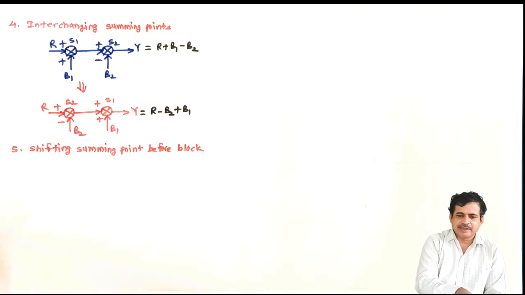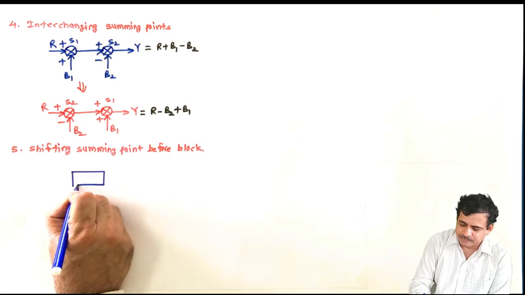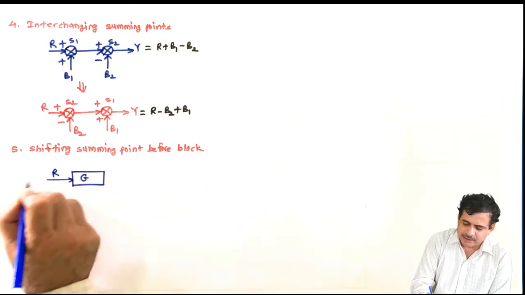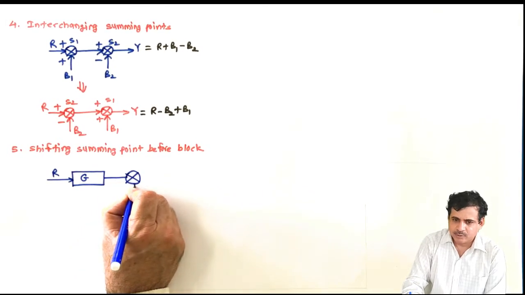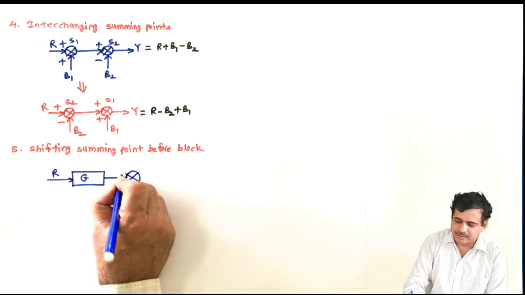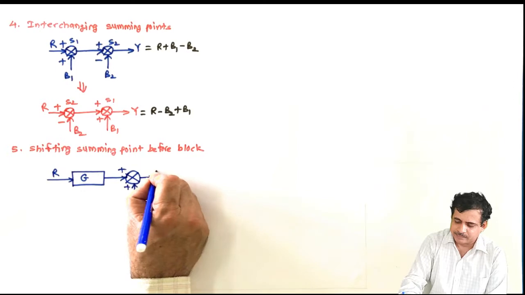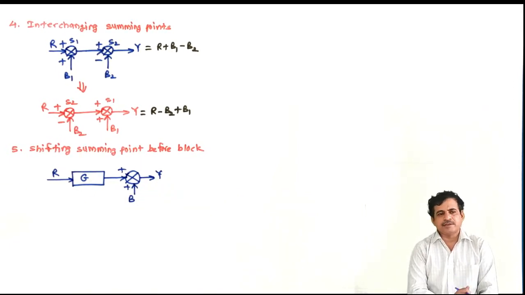So here the case is that, for example, we have a block G and the applied input is R, and then we have a summing point, and to that summing point let us apply a signal B to get Y. Correct. Now what is happening?